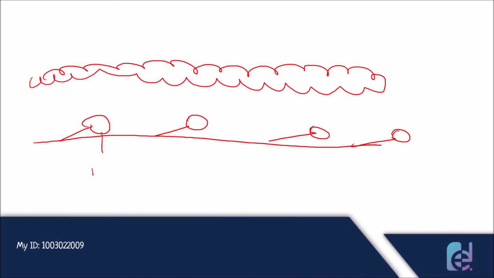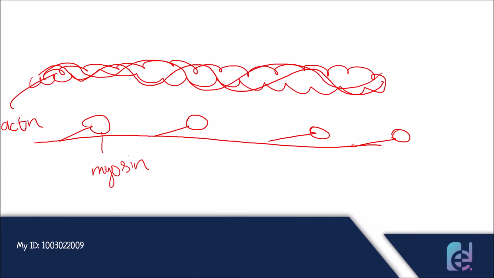So this is myosin and this over here is actin. Now this myosin really gets attracted. It really wants to bind with this actin. However, as I said, there are bodyguards present. Like there's this layer which doesn't allow this binding. You can think of this as a bodyguard in a way.